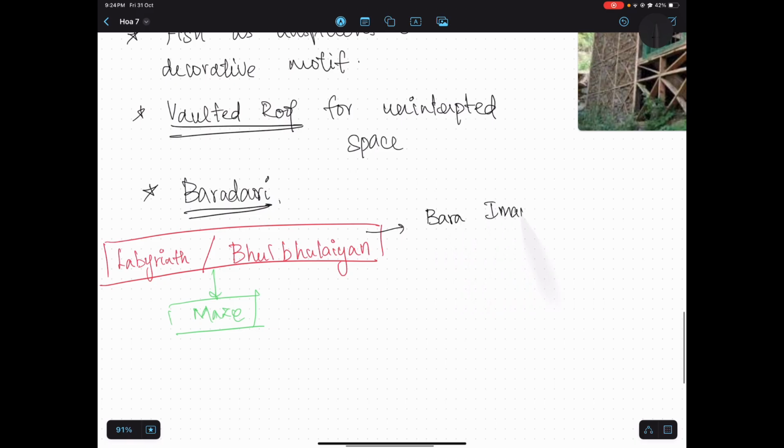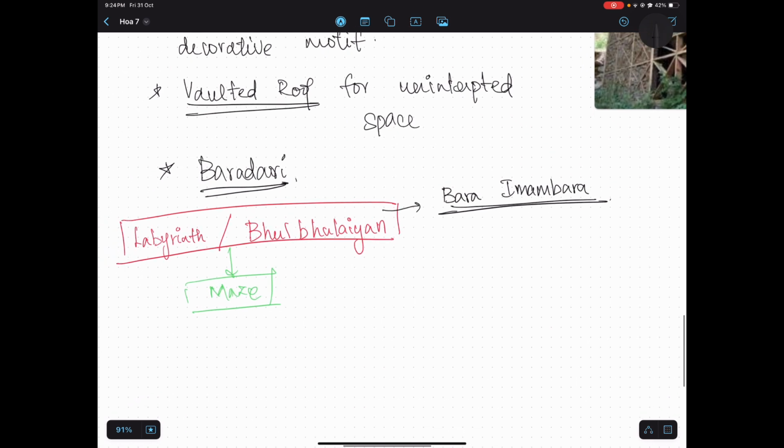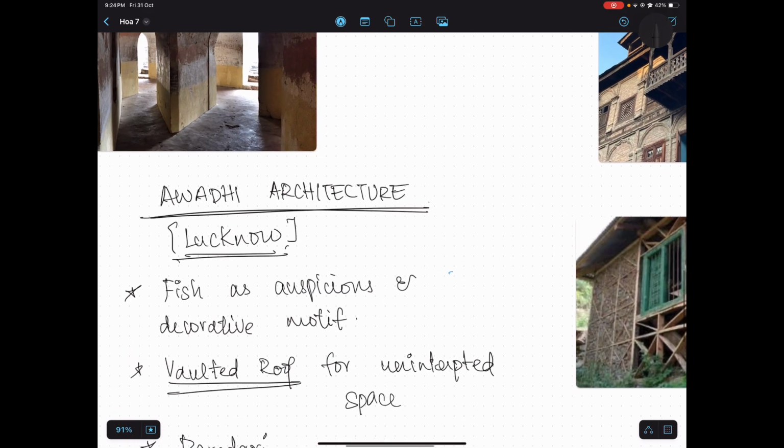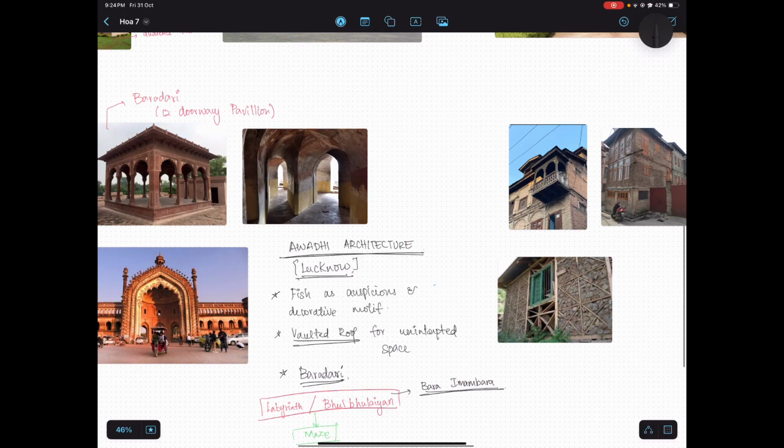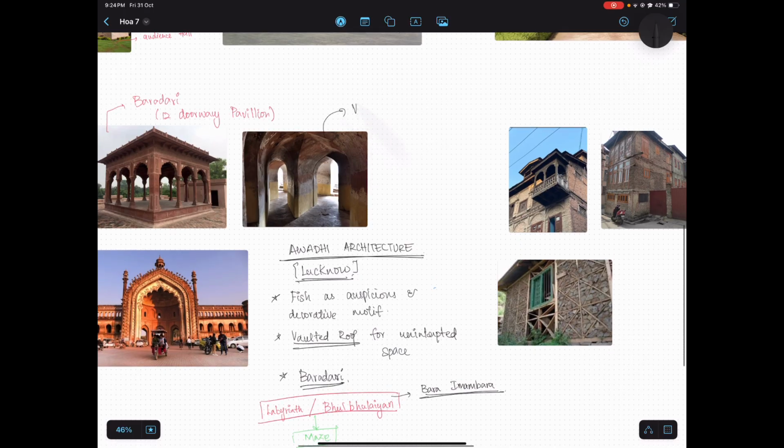Now we talk about this Imambara. An Imambara is a hall for people to assemble for the mourning congregation of Imam Hussain. The Bara Imambara has this bhulbhulaiya, a labyrinth or maze-like structure. This is one of the few walls I found, which also acts as a labyrinth here.